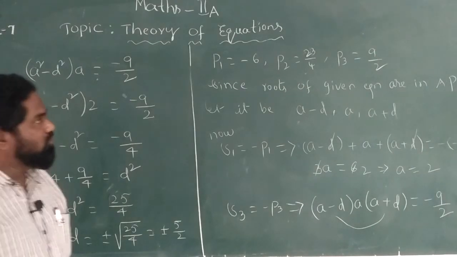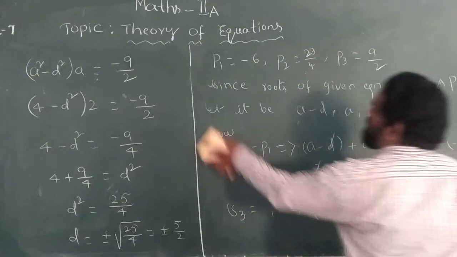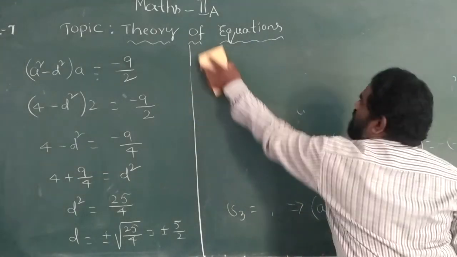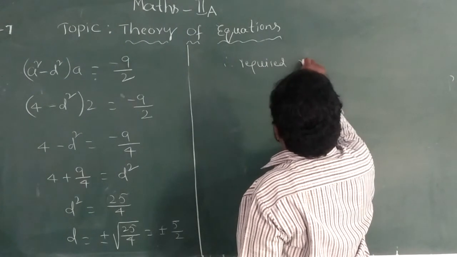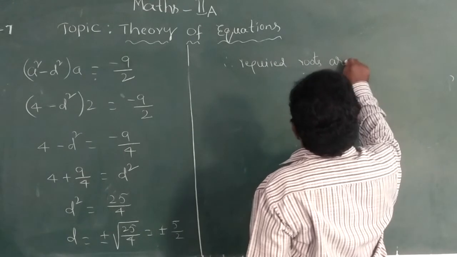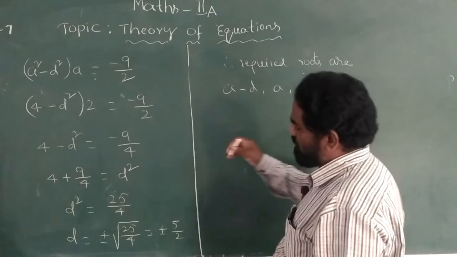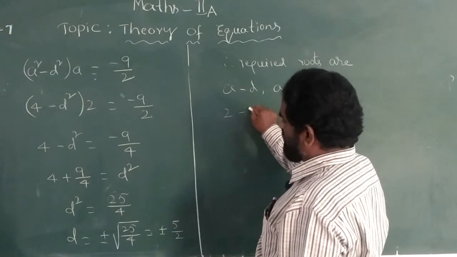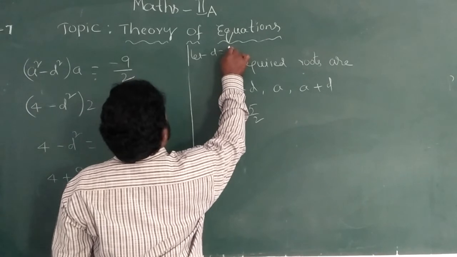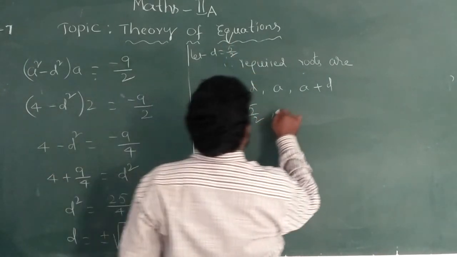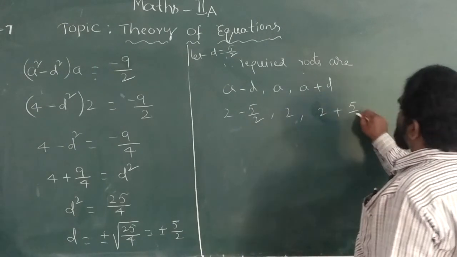Understand? Now we are going to take the required roots. Then required roots are a minus d, a, a plus d. a how much? 2. d, let d equal to 5 by 2. a is 2, plus d is 5 by 2.